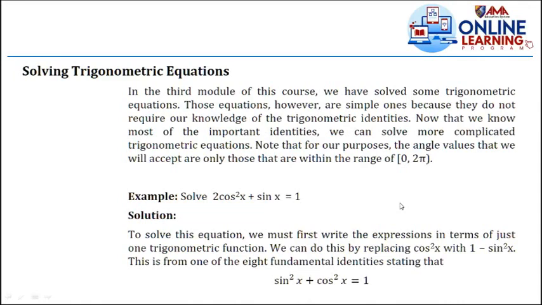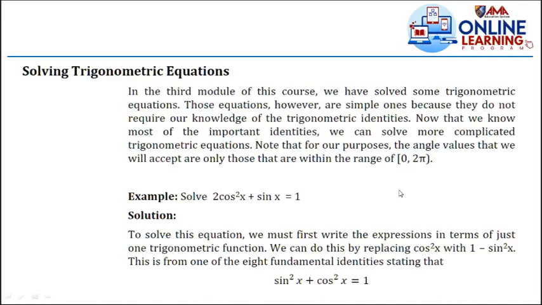Solution. To solve this equation, we must first write the expression in terms of just one trigonometric function. We can do this by replacing cosine squared x with 1 minus sine squared x.